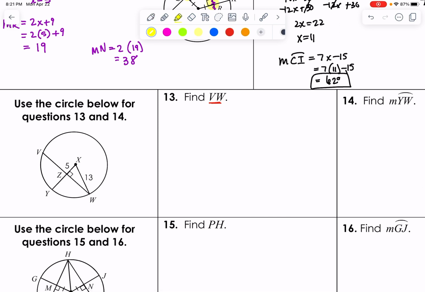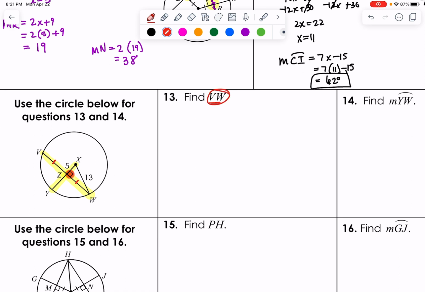Because my radius intersects my chord at a right angle, what that tells me is that these two pieces are congruent. Now I don't need to know that yet, but I need to know it for my first question.